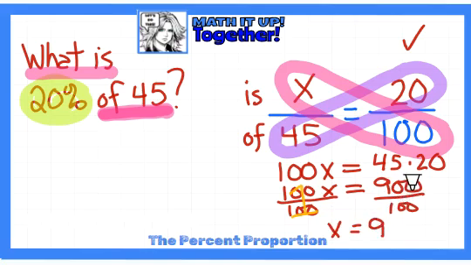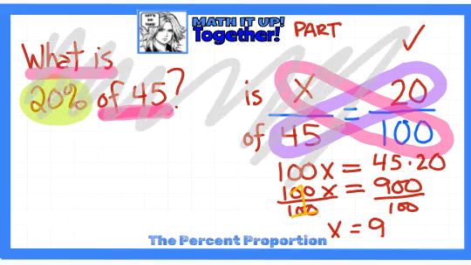So x is 9, and what does that mean in terms of our problem? 9 is 20% of 45. We answered the what. So in this example, we solved for the part. The part was missing.